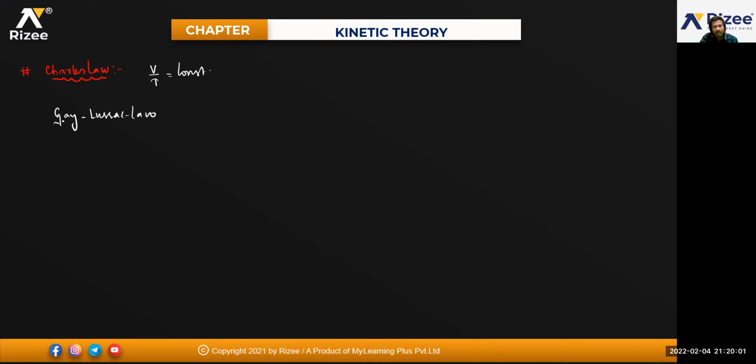Even in this one, the same condition. P by T is equal to constant. Or else we call these Charles law 1 and Charles law 2. So it is V1 by T1 is equal to V2 by T2. And in the same way, P1 by T1 will be equal to P2 divided by T2.